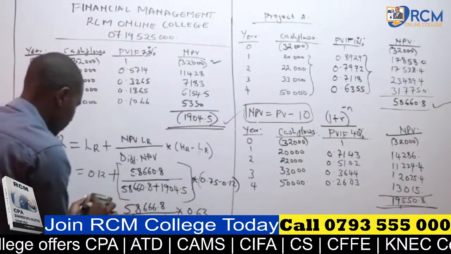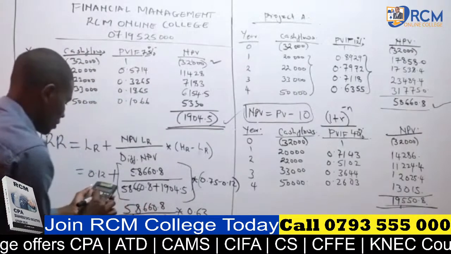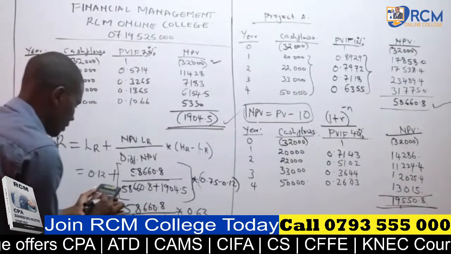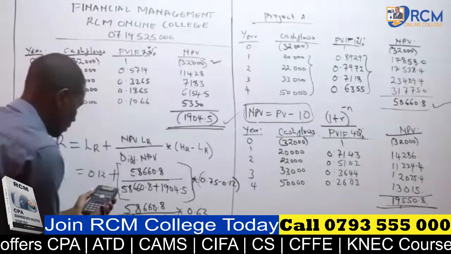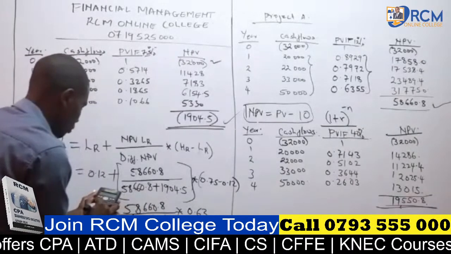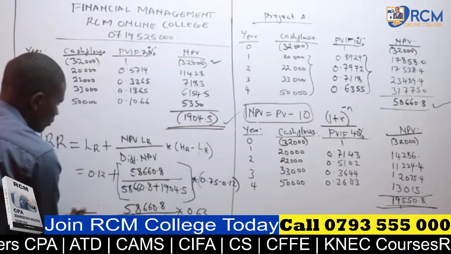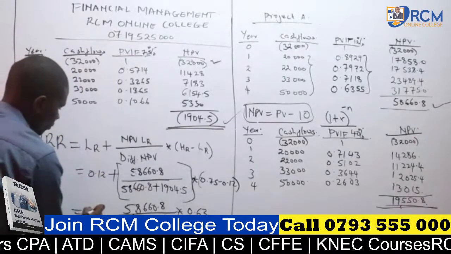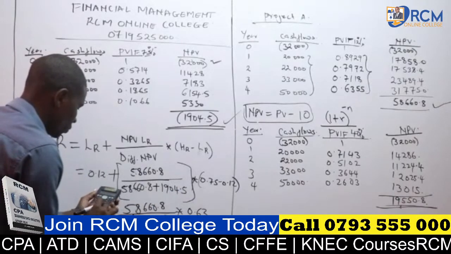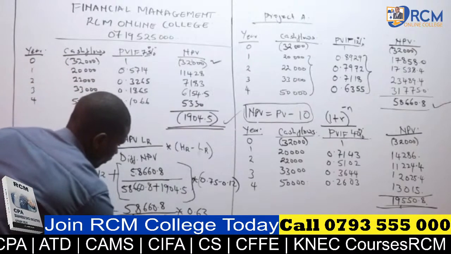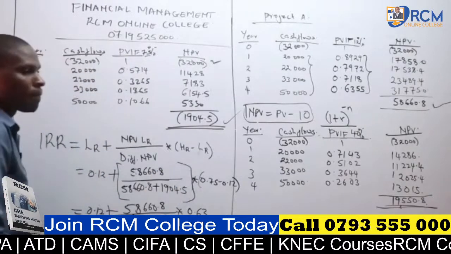So I have 58,660.8 divided by 60,565.3 times 0.63. Whatever I get is the one that I'm adding to 0.12. I'm getting a result of 0.73. That is 73%.